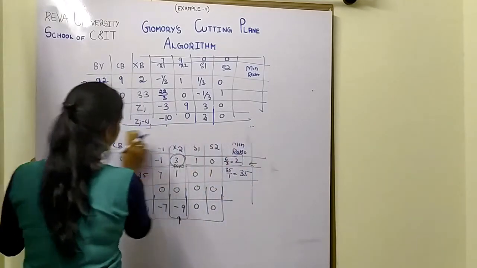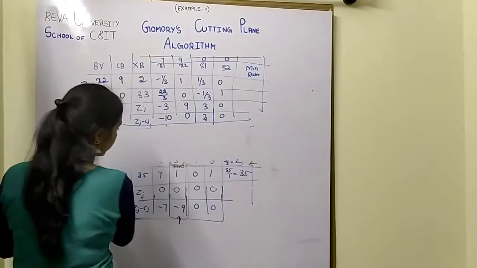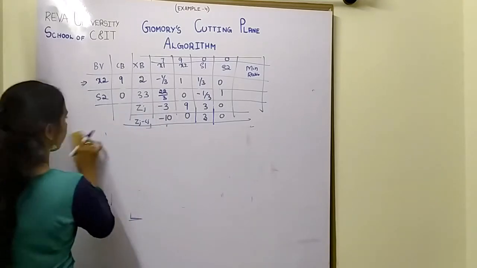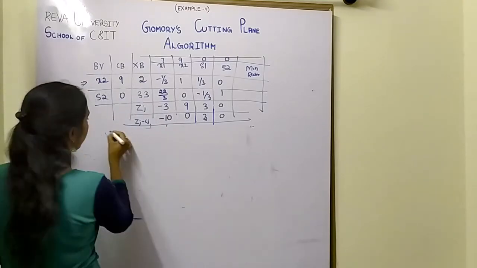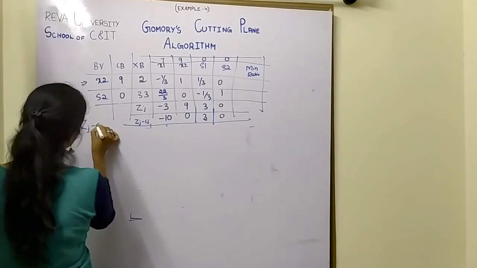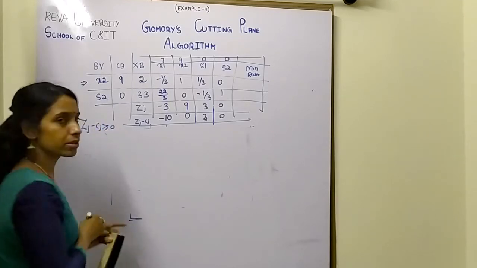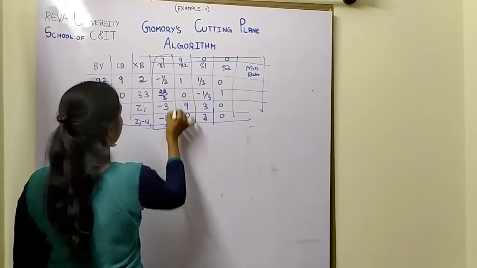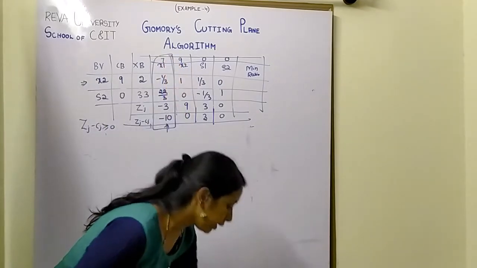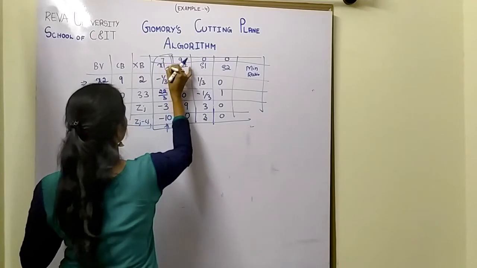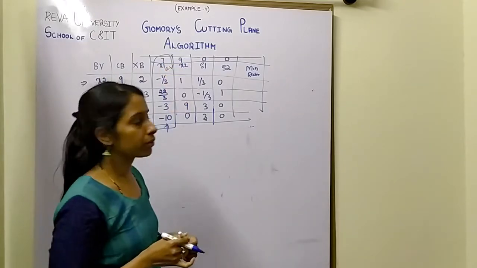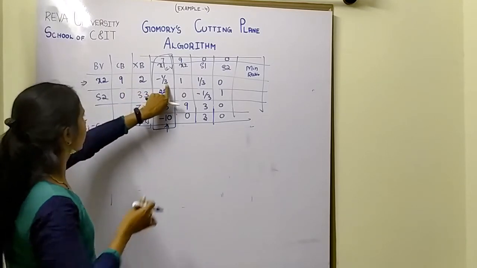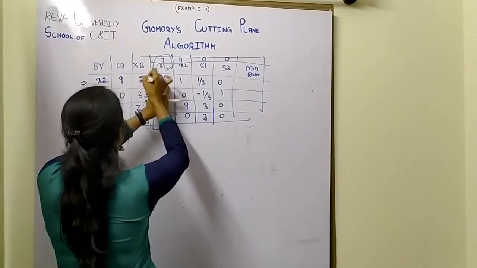Now again you have to check the Zj values; it is still not up to the optimality condition. So what is the optimality condition? The optimality condition is Zj minus Cj is greater than or equal to 0. But still we have a negative number here. So we will consider this as the entering variable. To find out the leaving variable, take xb divided by this.